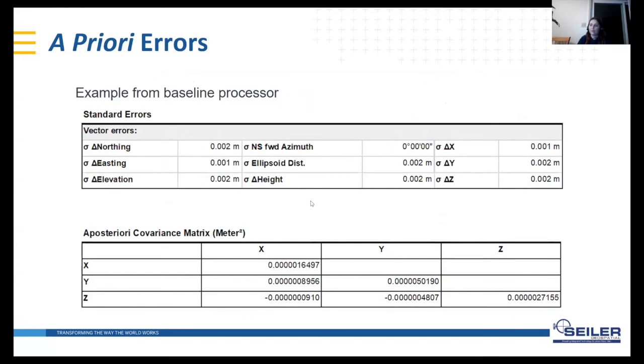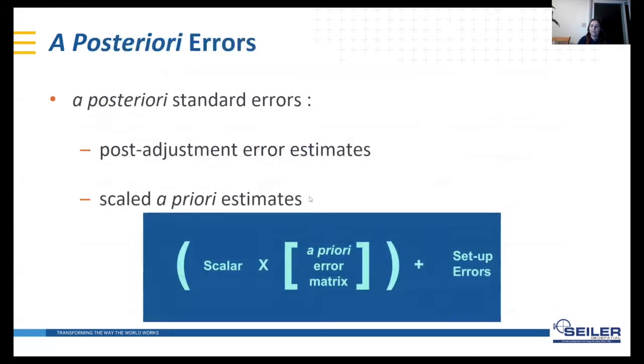The posteriori errors are special estimates referencing the priori errors, calculated after you apply the adjustment. They are the post-adjustment error estimates. Posterior references the prior errors, but it is made after you finish the adjustment.